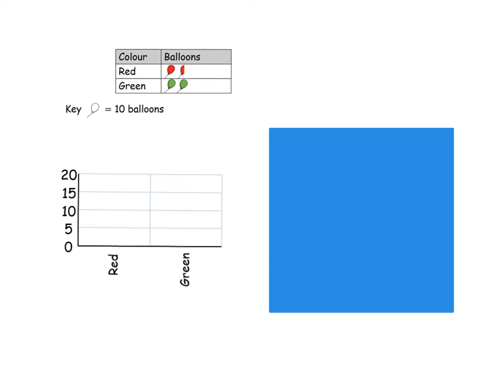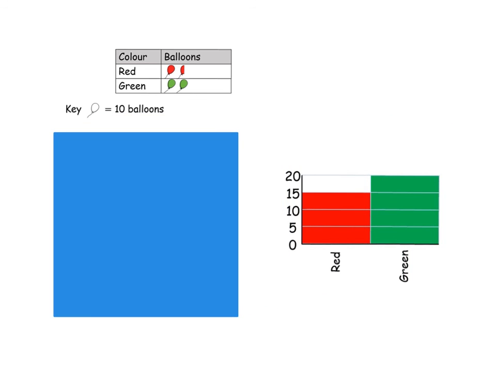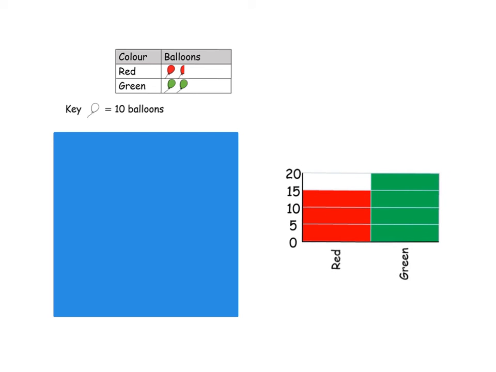Let's have a little look what that looks like. So you can see when we complete our block diagram, we've got 15 red balloons and 20 green balloons.